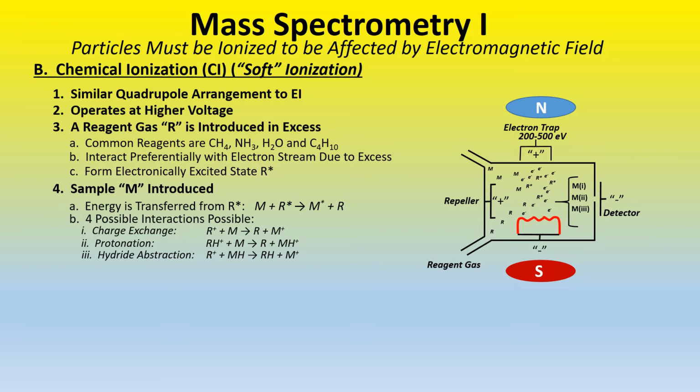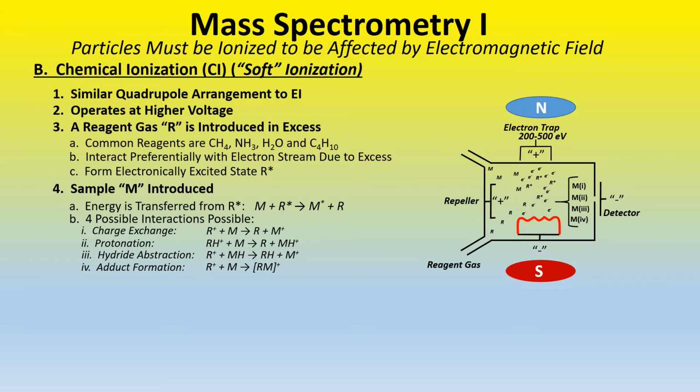Finally, the two species can form an adduct, where R+ and your sample combine to form a new molecule, RM+, where the weight of the reagent is added to the weight of the sample.